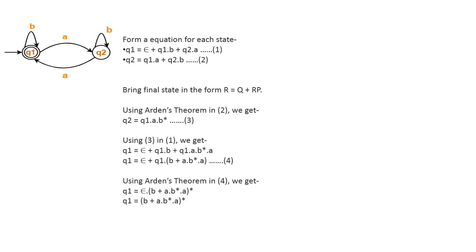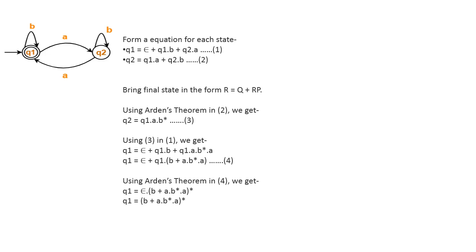So using Arrhenius theorem in equation number 2, Q2 is equal to Q1A plus Q2B, meaning R is equal to Q plus RP. So I will get the solution Q2 is equal to Q1A, that is Q, into P star, P is B, so B star. So Q2 is equal to Q1A into B star. I can say that it is equation number 3.